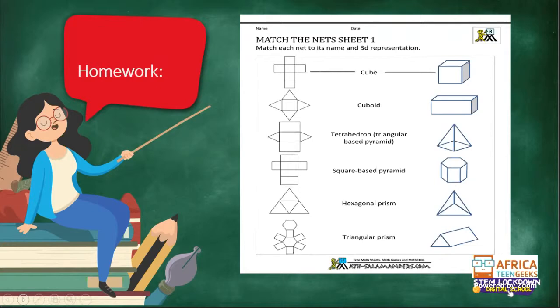Hence I'm saying you get yourself a flat paper, you draw this type of net, and then you make the 3D representation. Then you'll be able to say, oh, okay, so this one represents that one. Also, the sides of the 2D shapes should be able to give away which one is a representation of the 3D after you have completed your net. Okay, so this is going to be your homework.